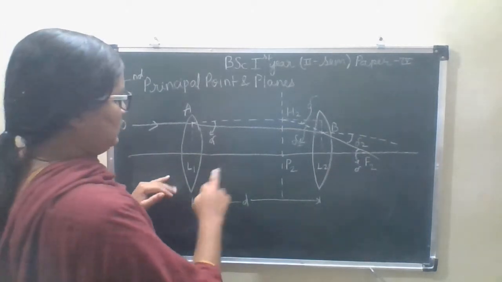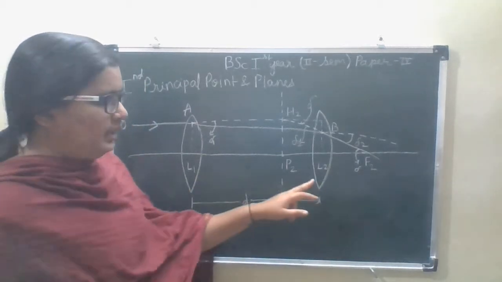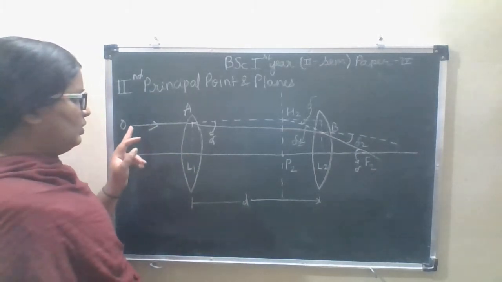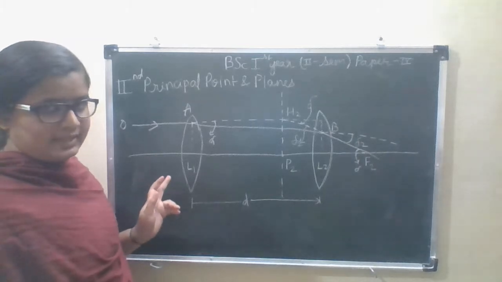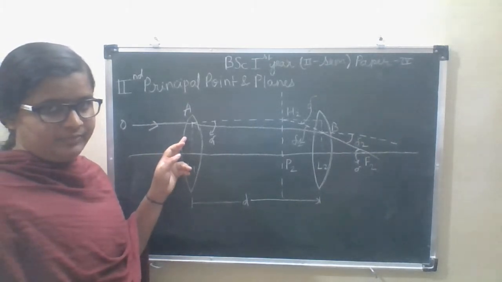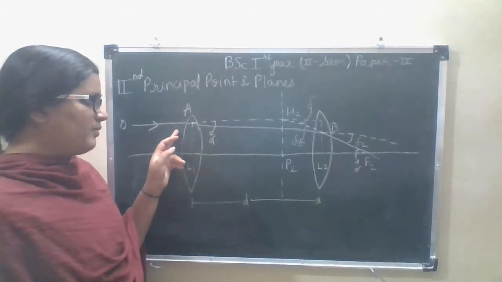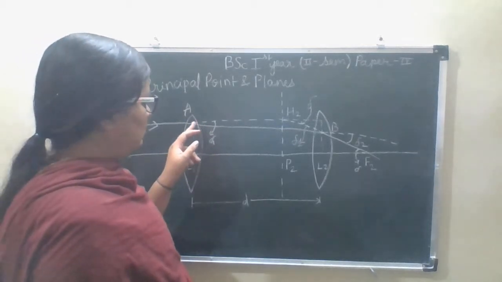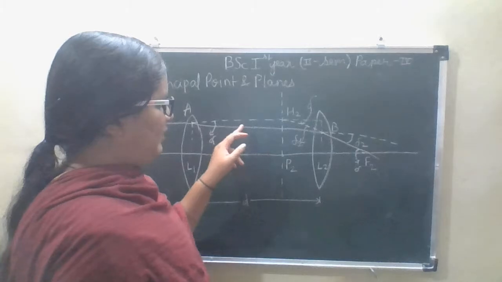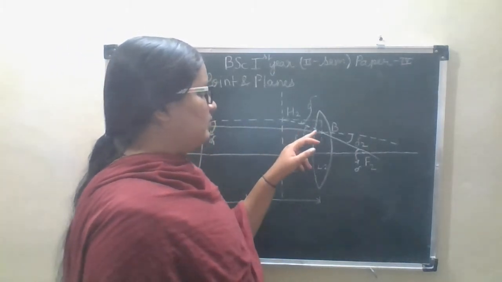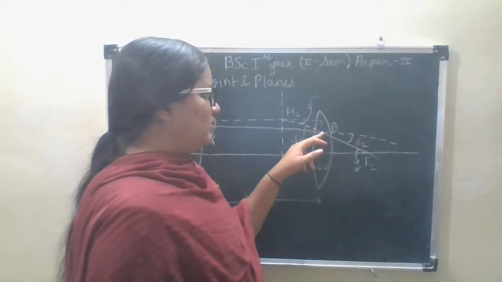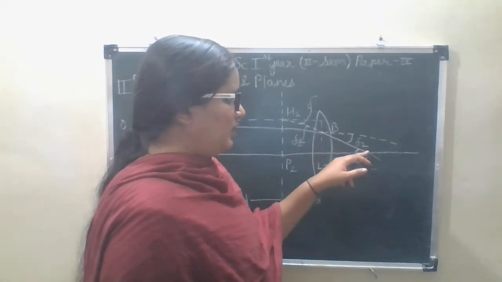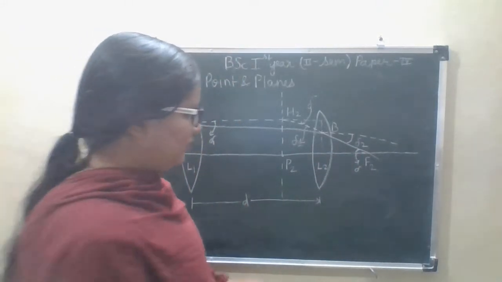These are the two lenses L1 and L2, and the distance between them is D. Here the ray OA, which is parallel to the axis, is incident on the lens, and after refraction it bends, and enters the second lens as an emergent ray. Then it bends again and forms the image at F2.